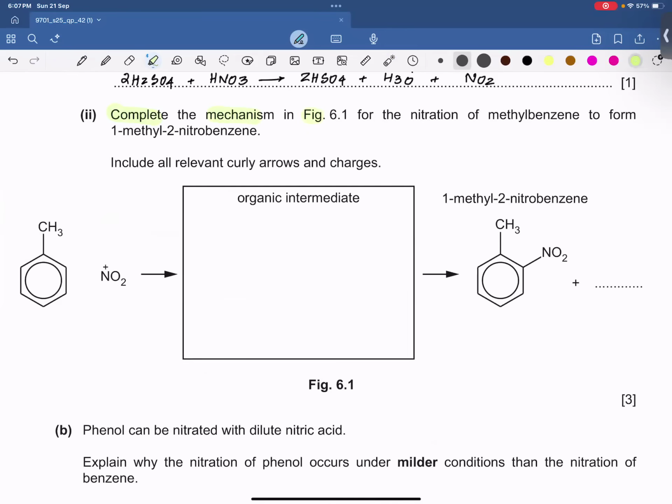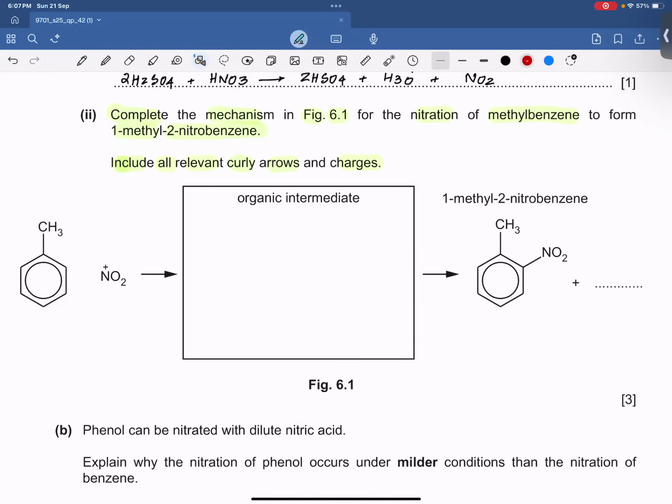Complete the mechanism in figure 6.1 for the nitration of methyl benzene to form 1-methyl-2-nitrobenzene. Identify all relevant curly arrows and charges. By the way, in order to write the organic intermediate, you must have a sound knowledge of resonance.